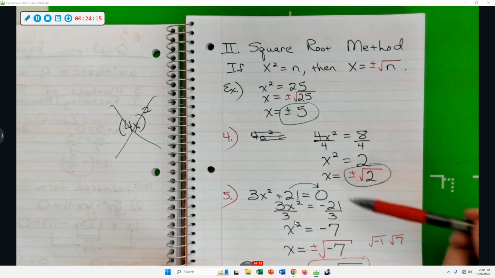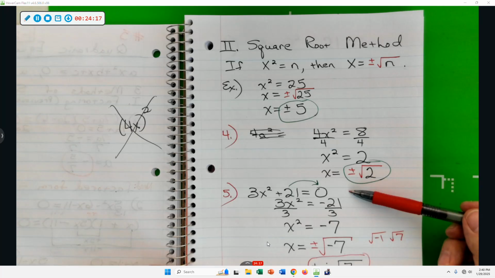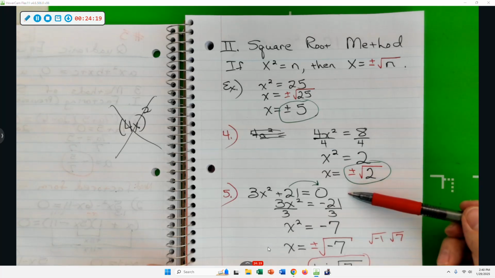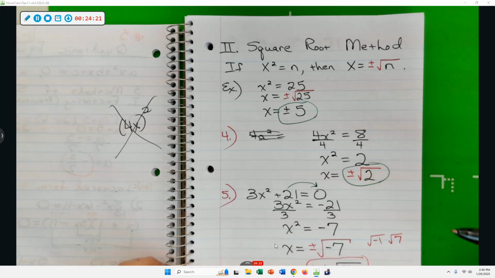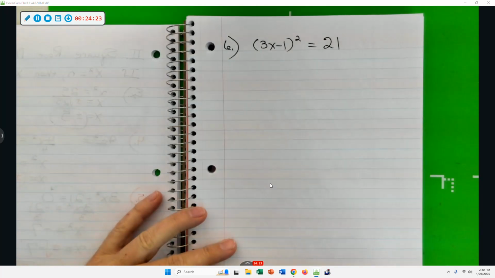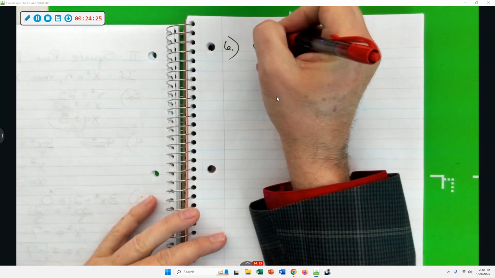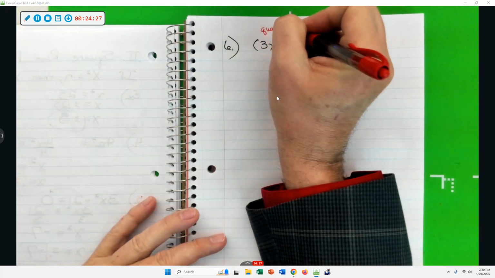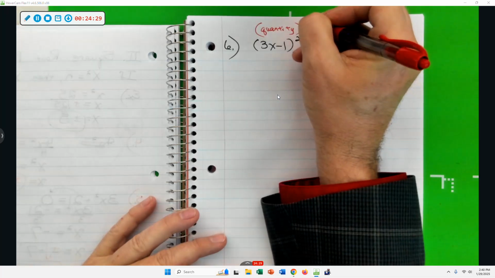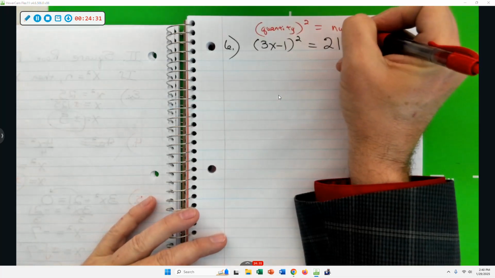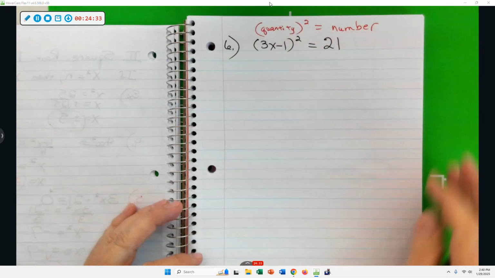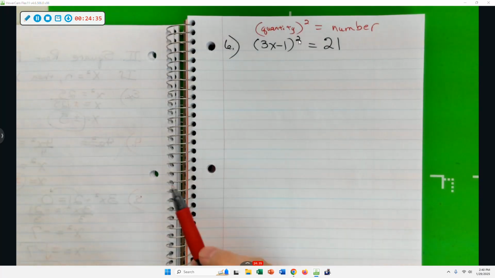We don't have to change up the equation. We're able to apply the square root method immediately because it's already in the desired form. Quantity squared equals a number. We already have it.